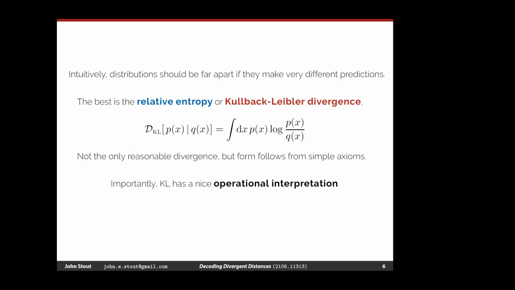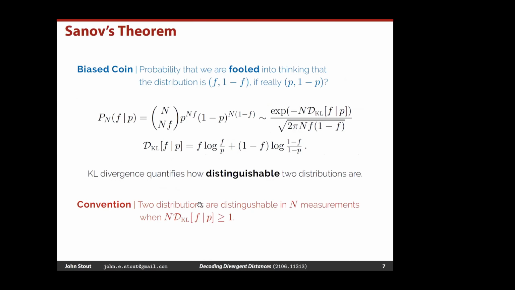Its form follows from some relatively well-motivated axioms. It's kind of a unique thing if you assume that it should be reparameterization independent and conditionally independent probabilities factorize. But perhaps most importantly, the KL divergence has a nice operational interpretation, which can be phrased in terms of Sanov's theorem.